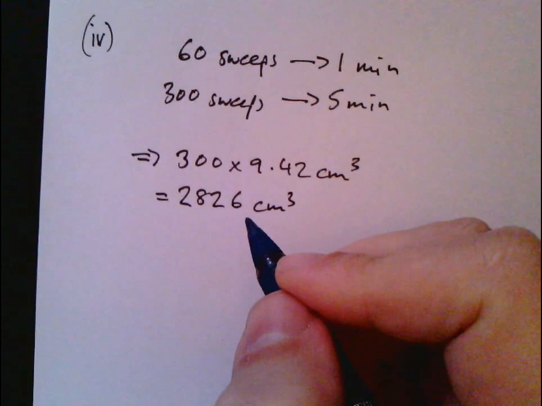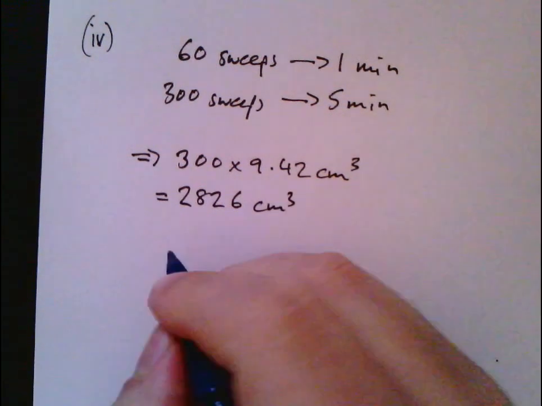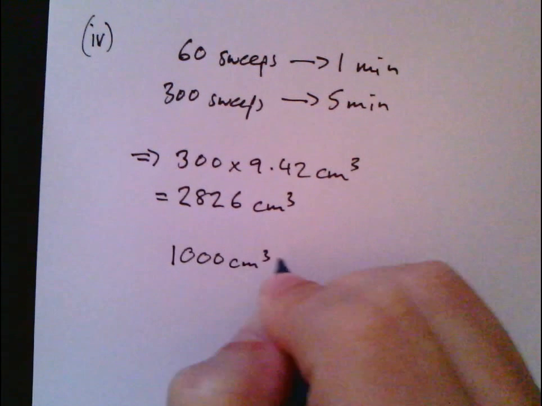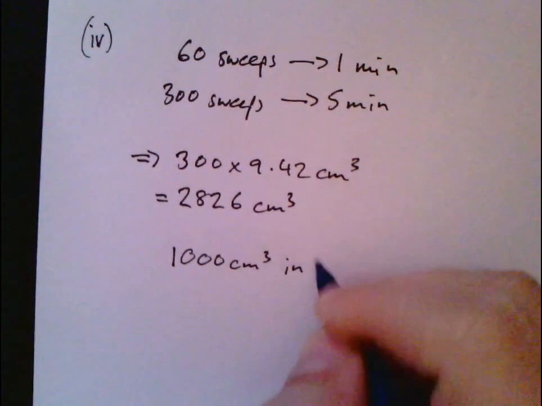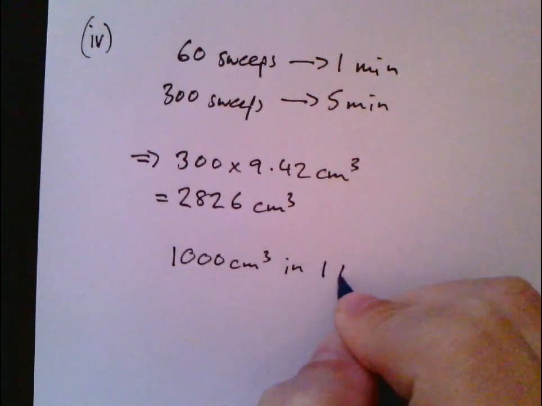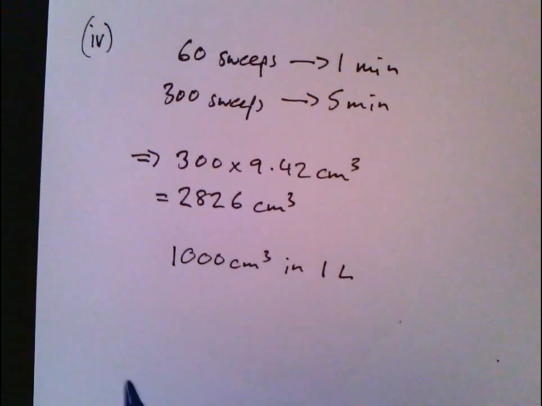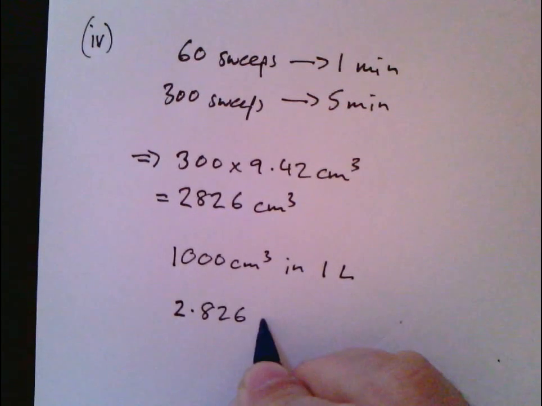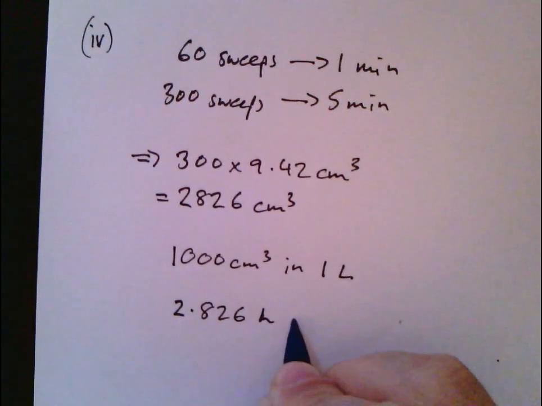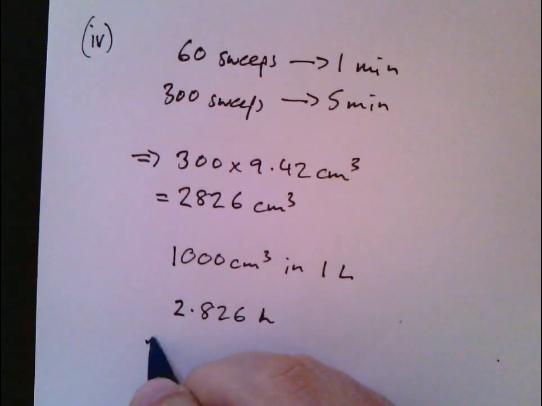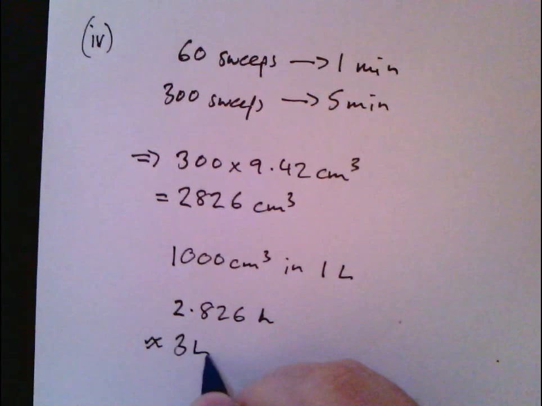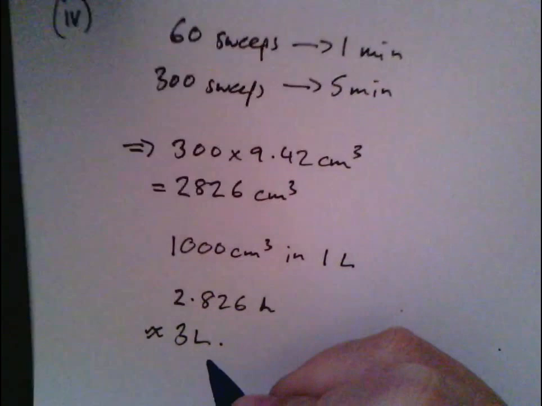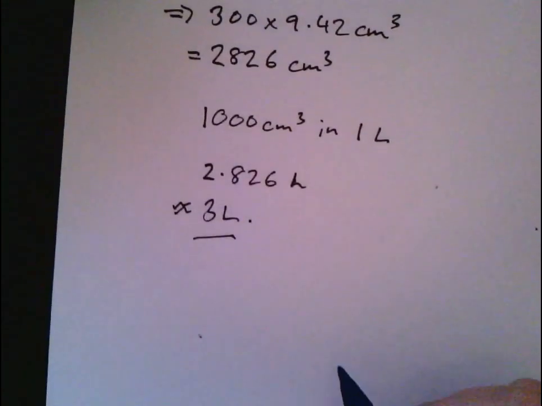Giving our answer to the nearest litre, now there are 1,000 centimeters cubed in 1 litre, so to the nearest litre, 2.826 litres, which is 3 litres approximately. Okay, and there we have the answer to question 2.